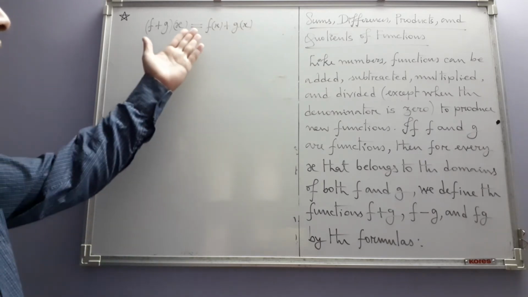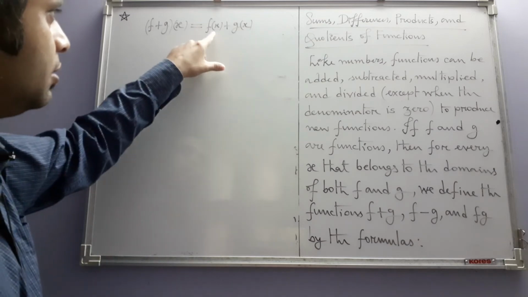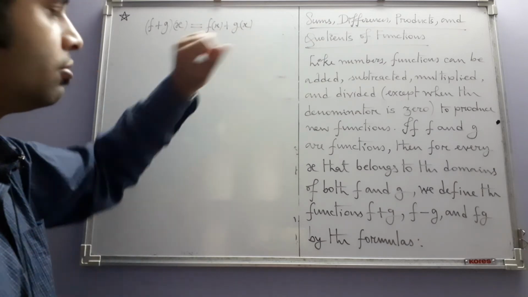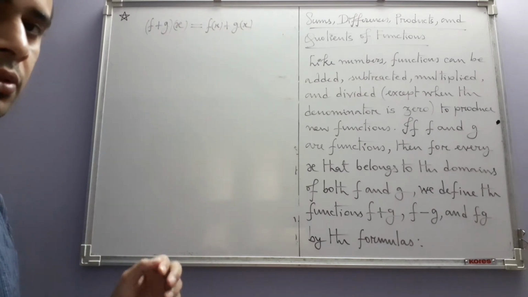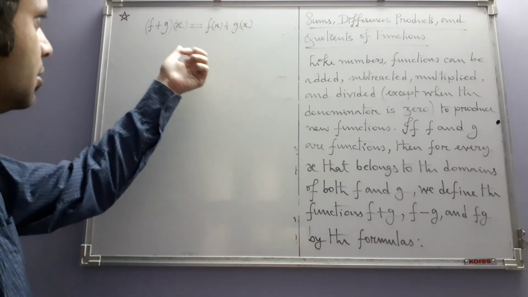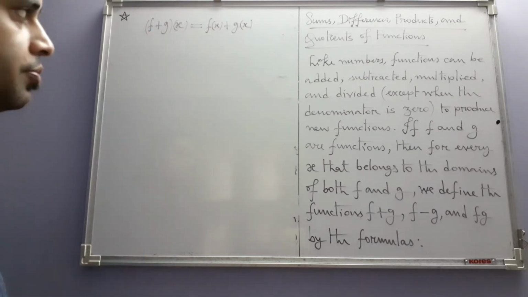That's why we need the functions themselves to be real valued, so that it makes sense to add f of x and g of x. These two are real numbers. And this is defined to be the value of the function f plus g at the point x.